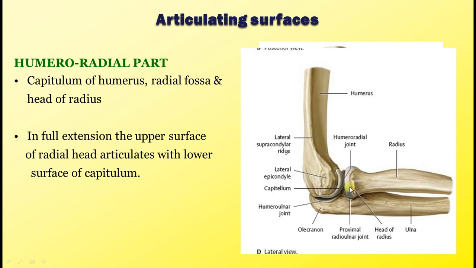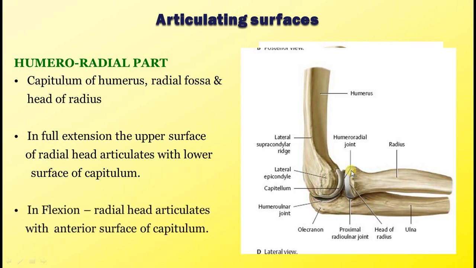The circumference of the head of the radius is not utilized in the elbow articulation. This is mainly for the superior radio-ulnar joint, which we will be discussing in a separate lecture. The anterior surface in flexion articulates with the capitulum of the humerus.